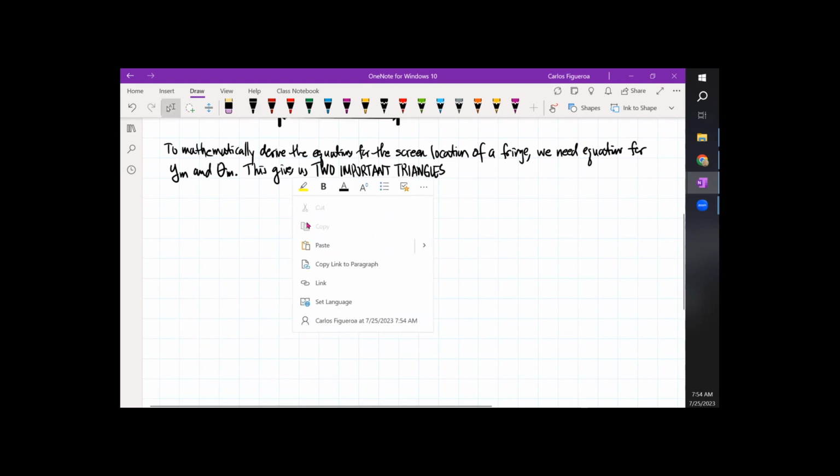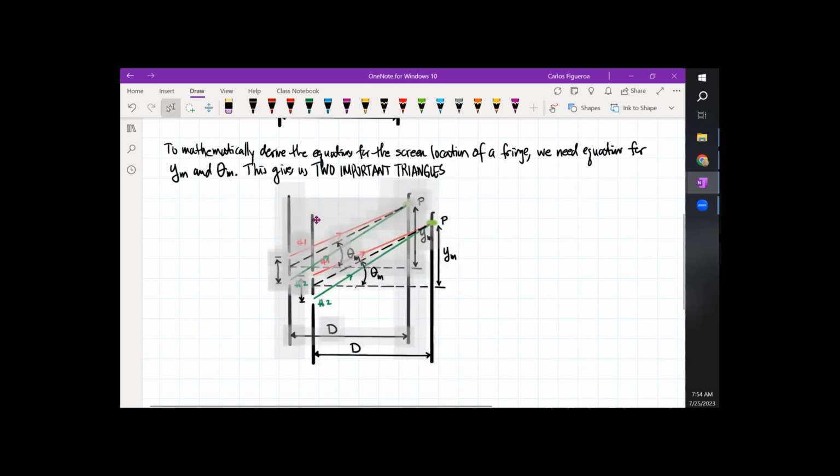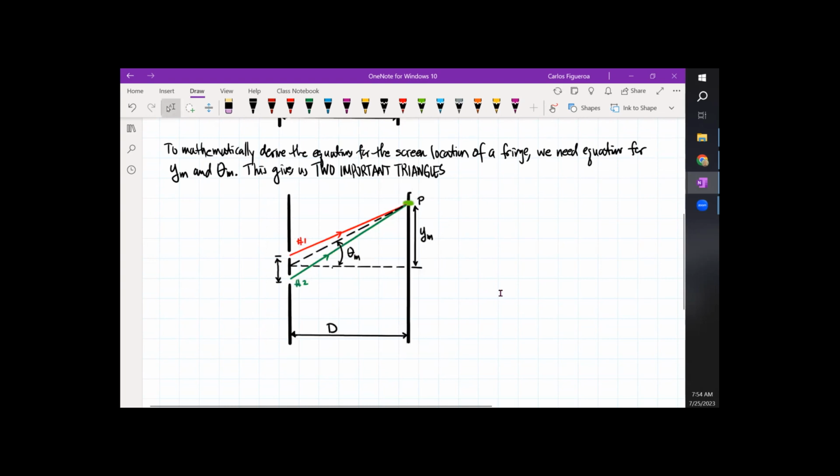So I'm going to modify this thing that we just did. First thing I'm going to do is get rid of this guy here. I already know that this screen just here, let's just start drawing. The first thing is that I know that this is little d. Look what I'm going to do. These two lines, so let me draw a perpendicular line between the red and the green line.